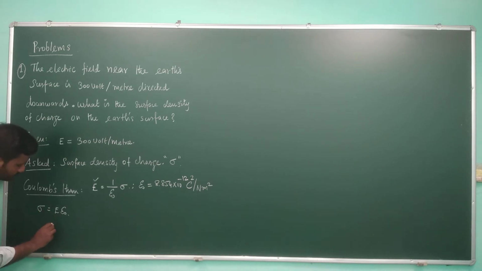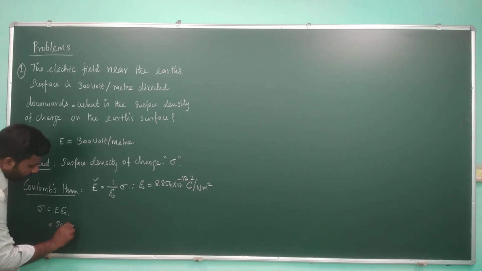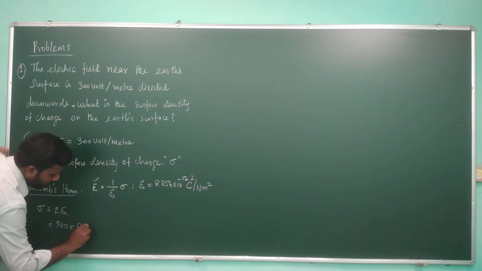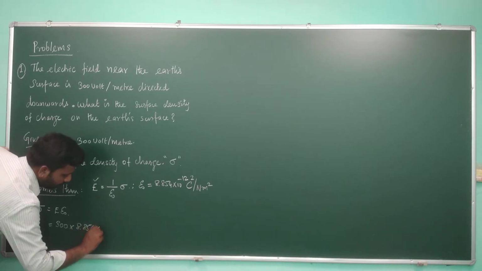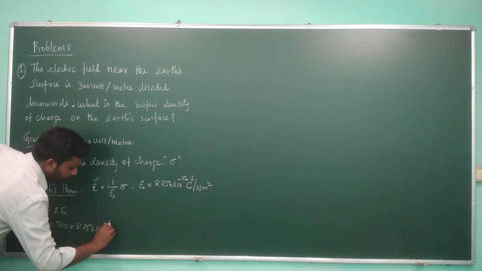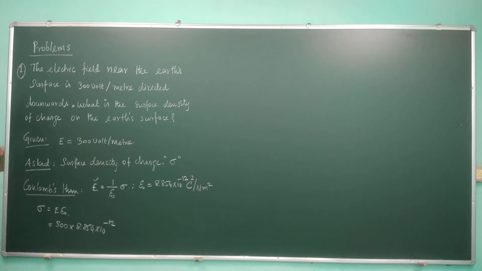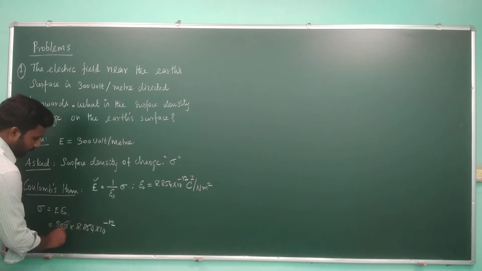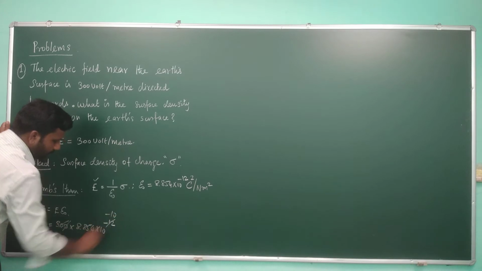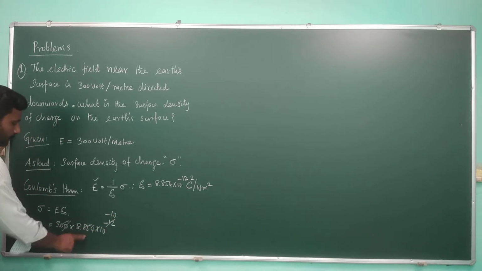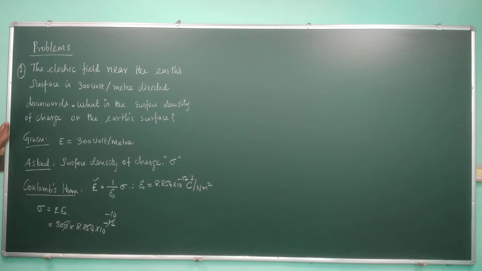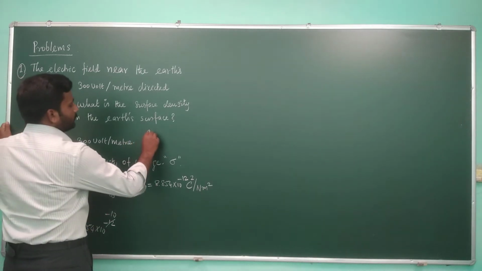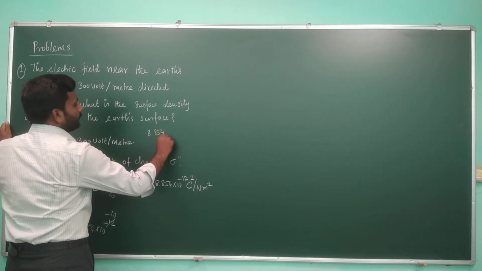Substitute it here: 300 multiplied by 8.854 into 10 power minus 12. That will give us, this 2 digit we can cancel out, this becomes minus 10. And you can multiply this too, that is 8.854 multiplied by 3.